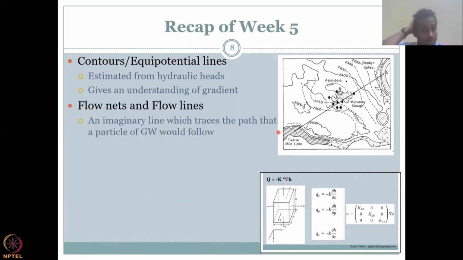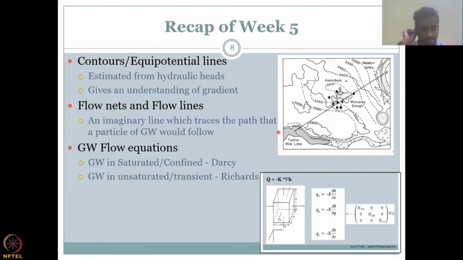And once you have the contour lines and the gradient, you can next estimate the flow nets or flow lines, which are imaginary lines that trace the path of a particular groundwater, how it flows from one point to the other. Then we saw some rules for homogeneous systems and heterogeneous systems.